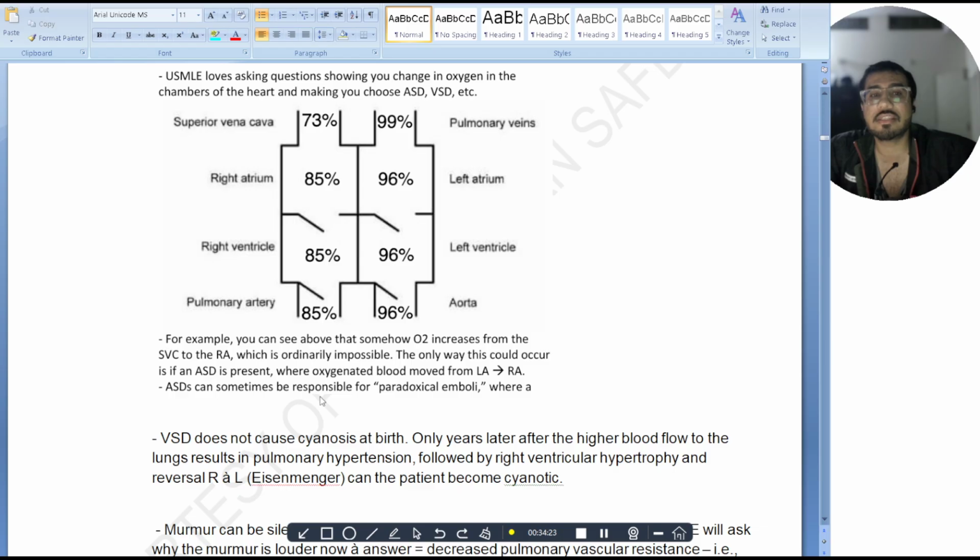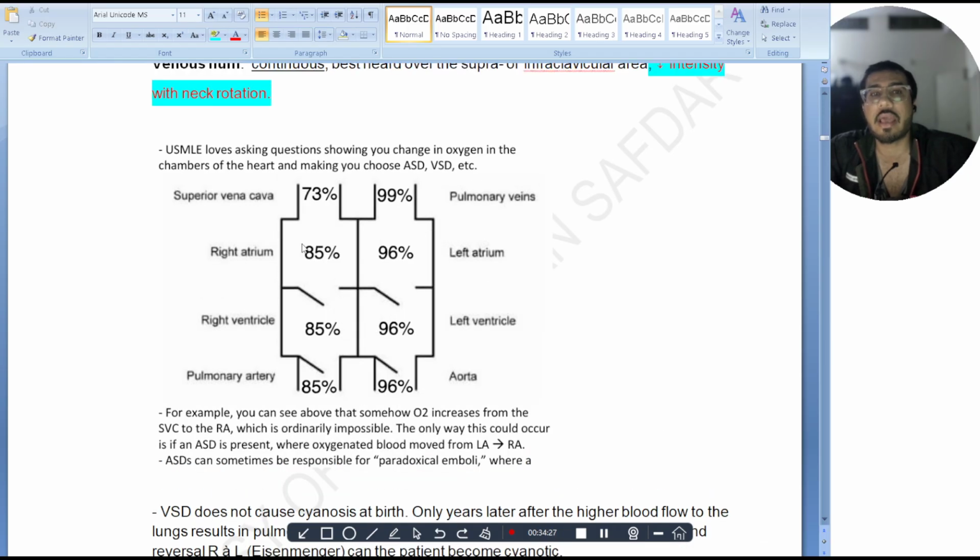ASDs can sometimes be responsible for paradoxical emboli. What is a paradoxical emboli? Usually when you have a DVT, the clot enters the right atrium, right ventricle, then lodges in the pulmonary circulation. But it can sometimes lodge in the systemic circulation, which is normally not possible.